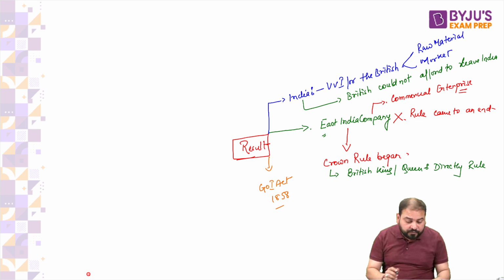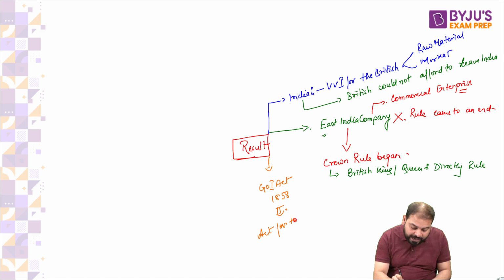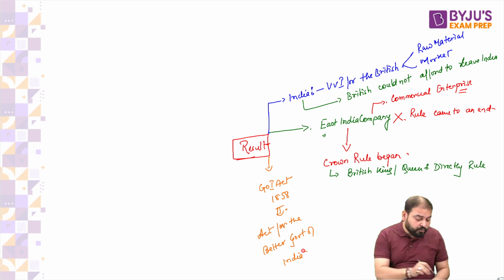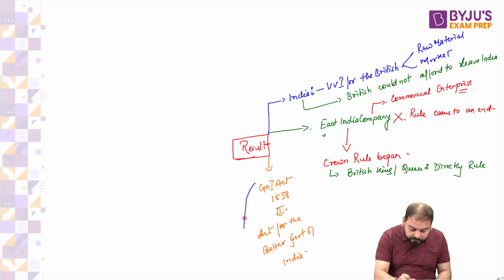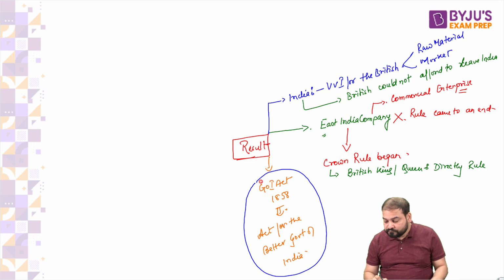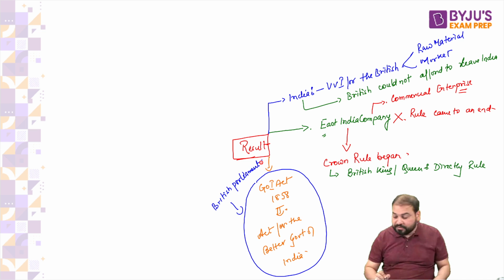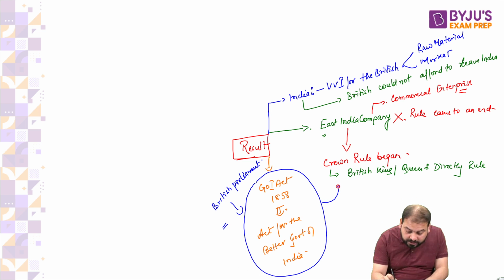Now, this law was known as the Act for the Better Government of India. Who will pass this law? Absolutely, this was passed by the British Parliament, by which the crown rule began.